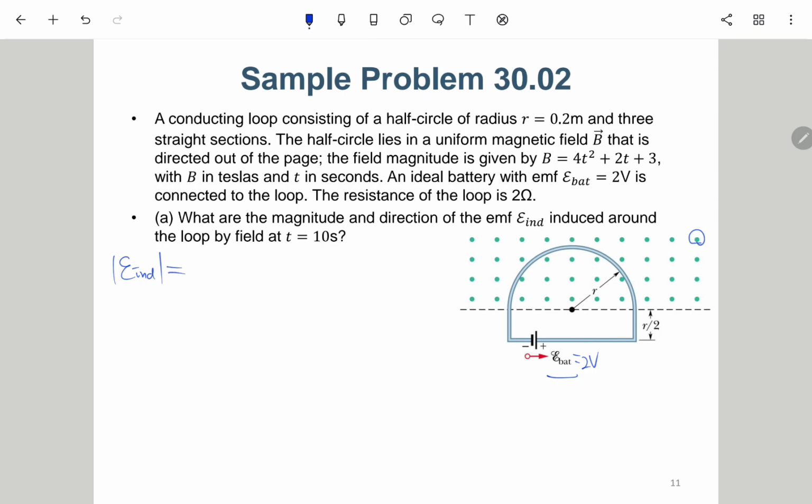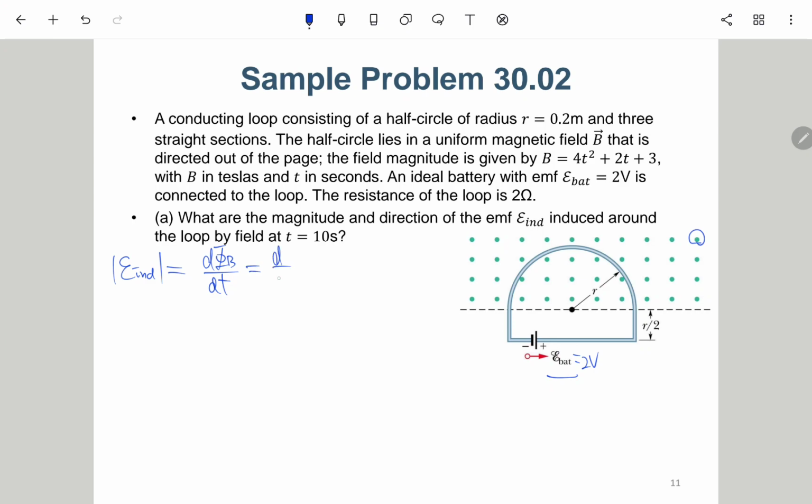So we take the derivative of phi B with respect to time, so that we have the induced EMF. Here we only have a single term, so capital N equals 1. So we only have this derivative.